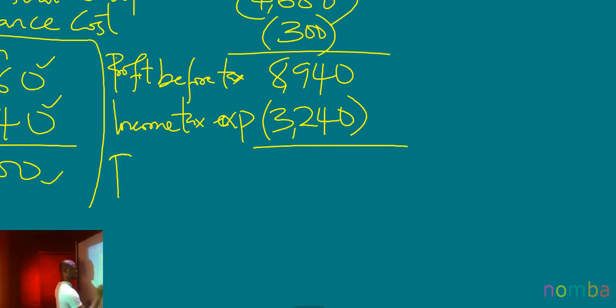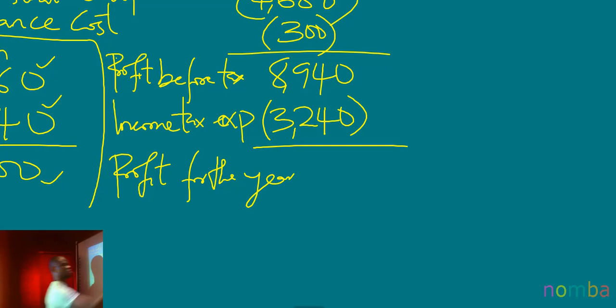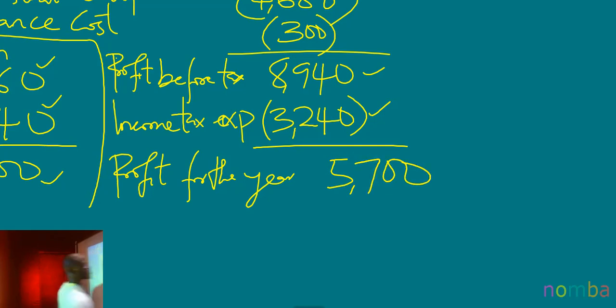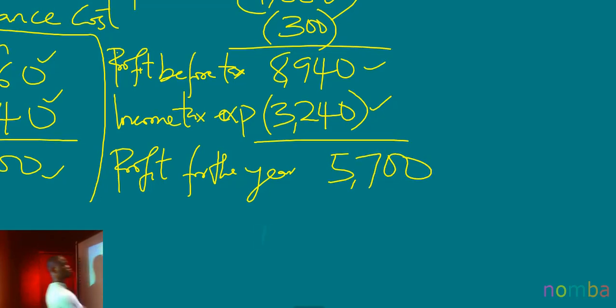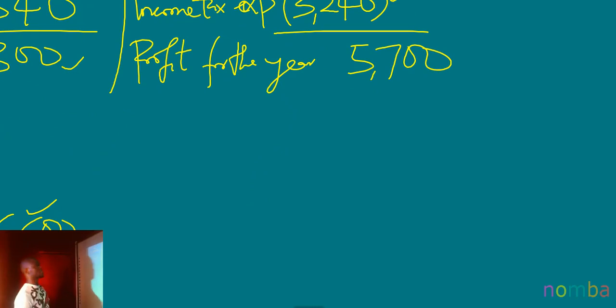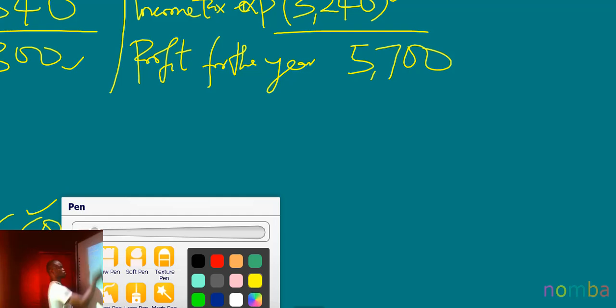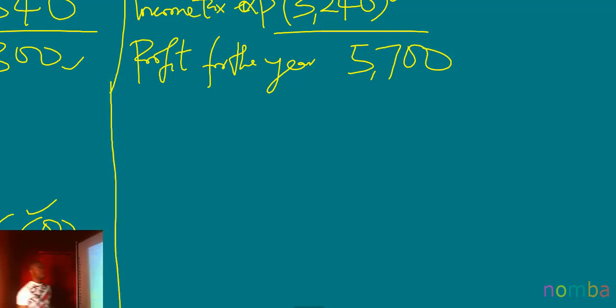Then I will get my profit for the year as 8,940 minus 3,240. So what do I get? I get 5,700. Now this 5,700 is the group profit, which should be shared between the owners of the parent and the non-controlling interest. Okay.